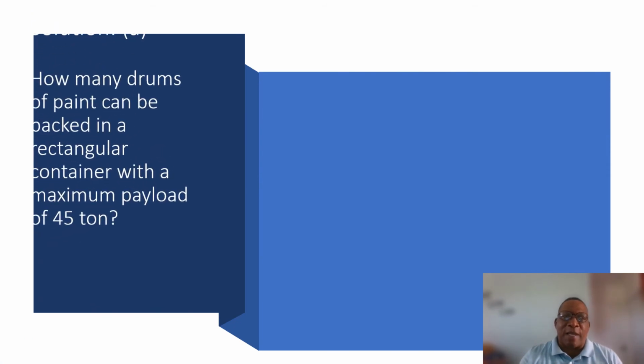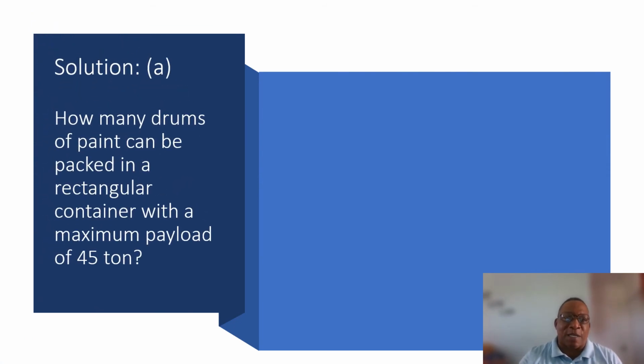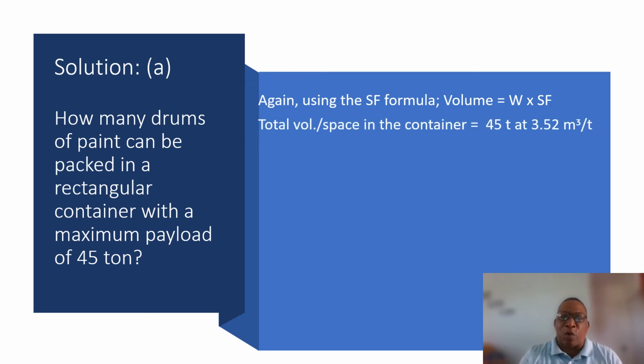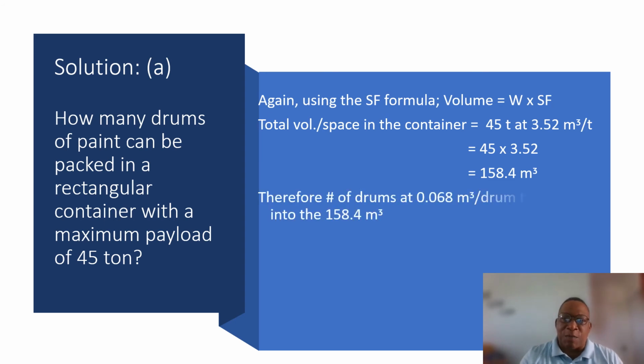So in solving A, as we did previously in the first example, where we want to determine how many drums, we have the stowage factor formula, and for volume, it would be weight times stowage factor, which would be 45 tons at 3.52 cubic meters per ton, which is 45 times 3.52, and it gives us 158.4 cubic meters.